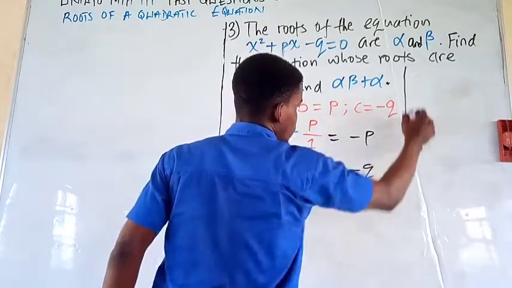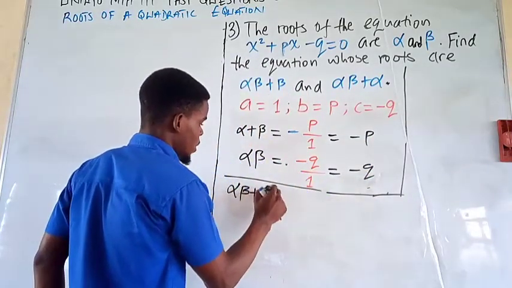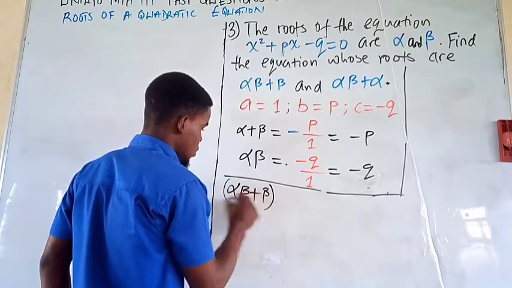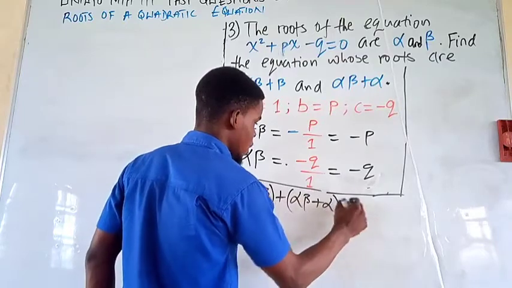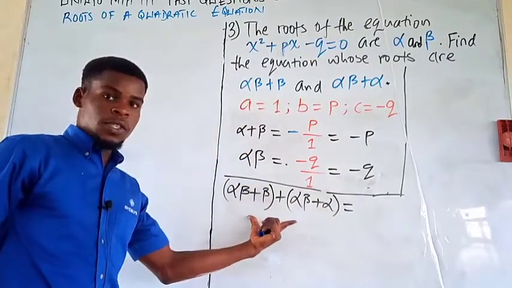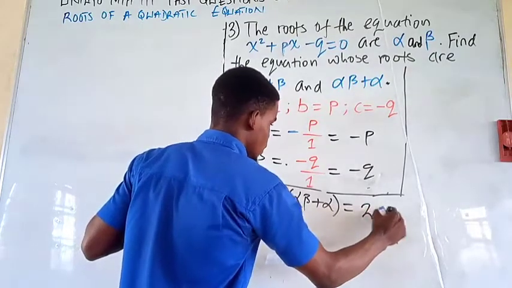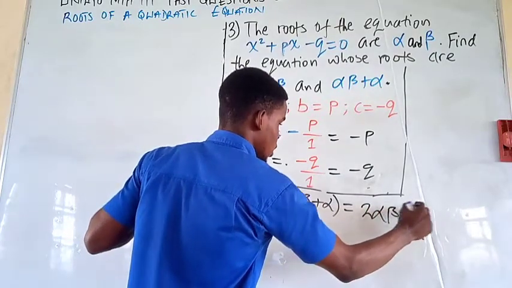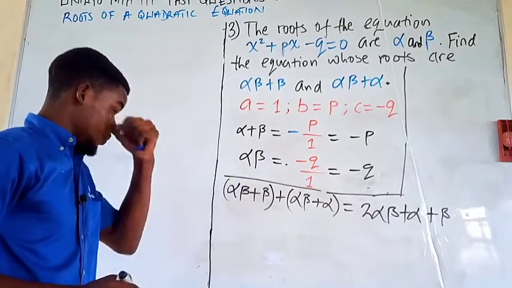We are just going to make use of these ones. So this is alpha times beta plus beta plus alpha times beta plus alpha. So we're going to add these two expressions together, alright? So this is going to give us 2 alpha beta plus alpha plus beta, like that.